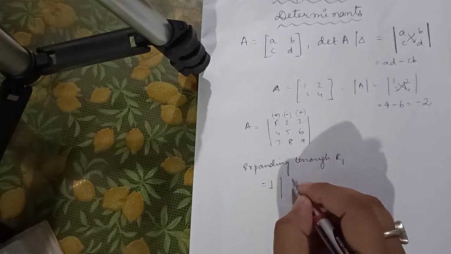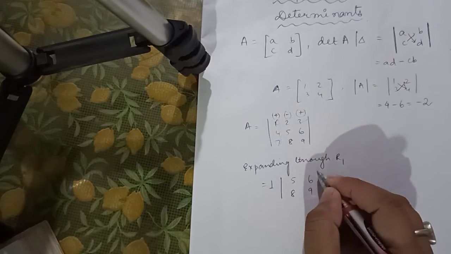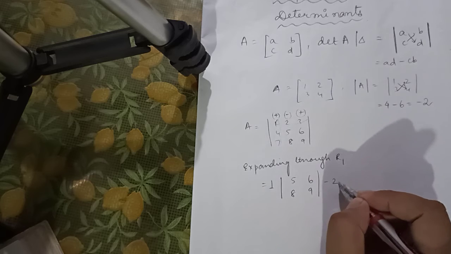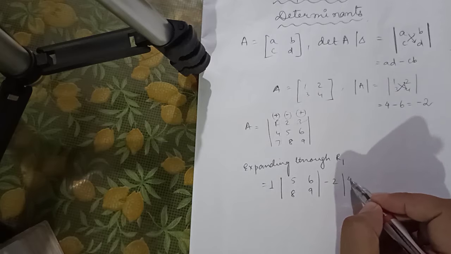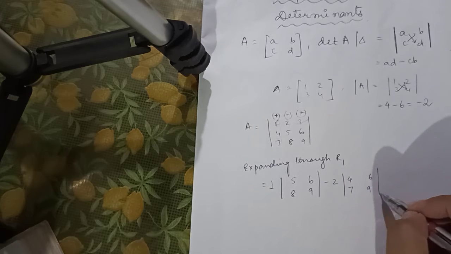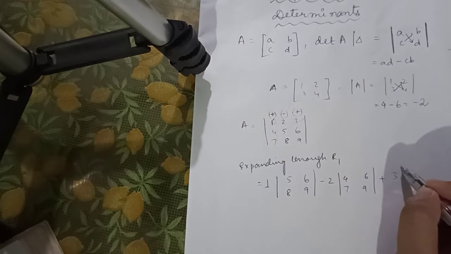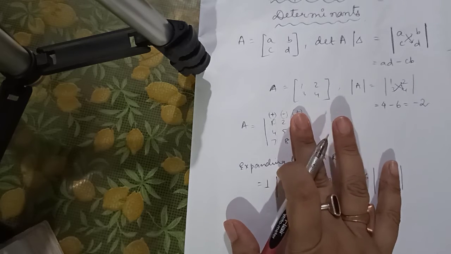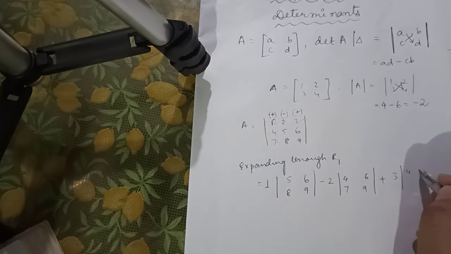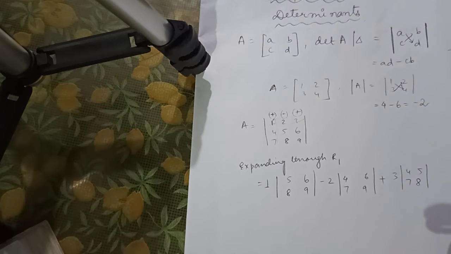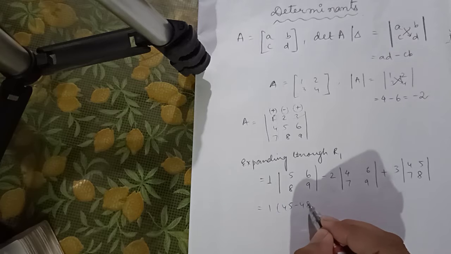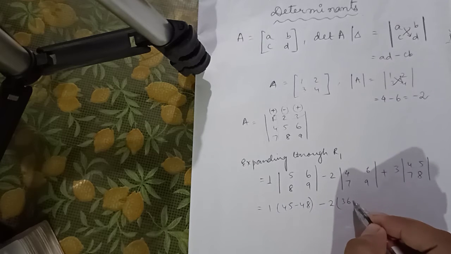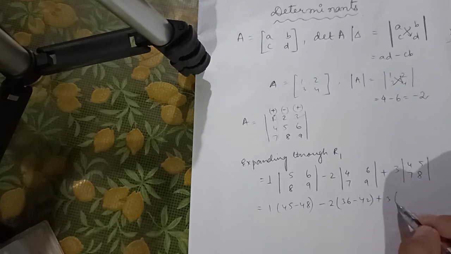So it will be 5 6 8 and 9. Then again I will write minus 2. For this you hide your first row and second column, where you will have the elements 4 6 7 and 9, plus 3. Here we hide the third column and the first row, and you will have 4 5 7 and 8. After that you have to solve it: 45 minus 48, minus 2 of 36 minus 42, plus 3 times of 32 minus 35.